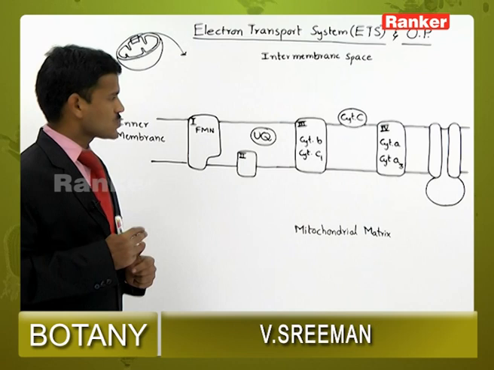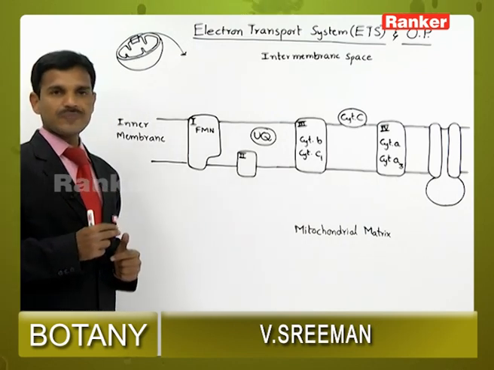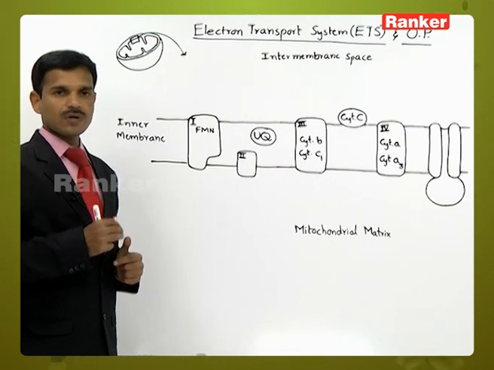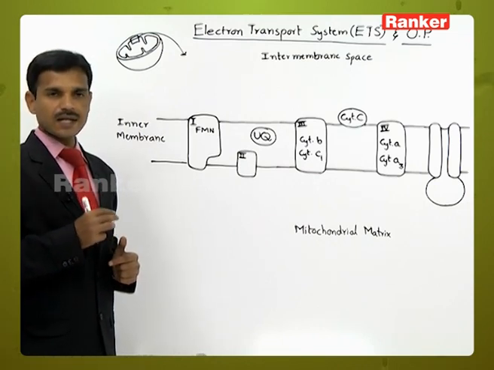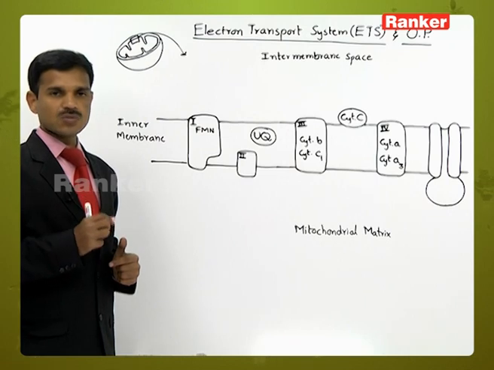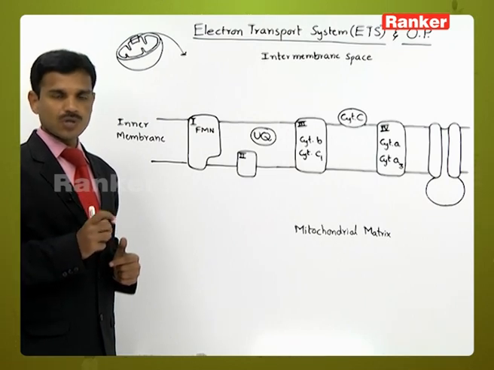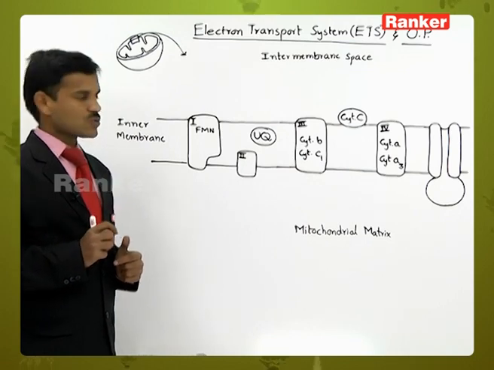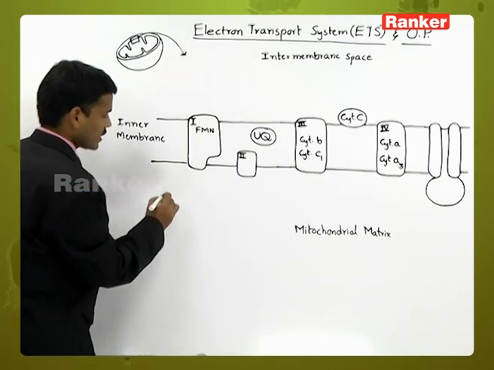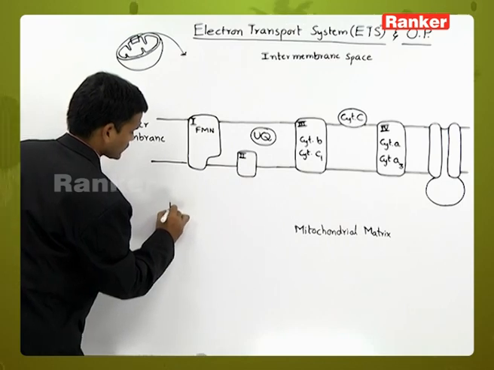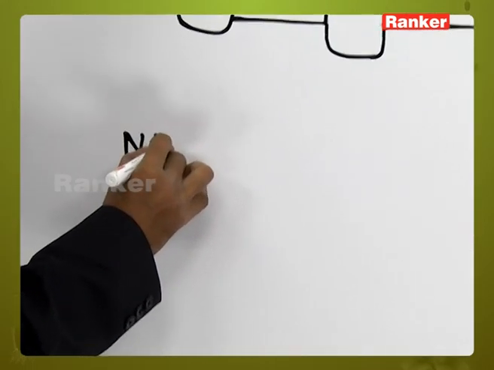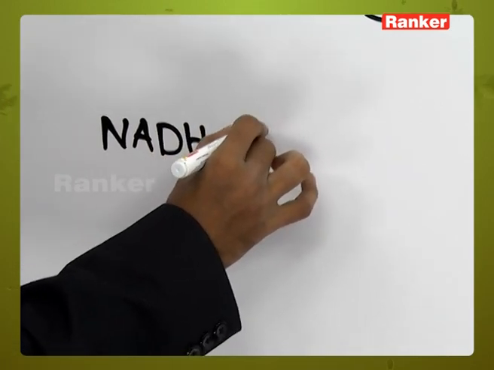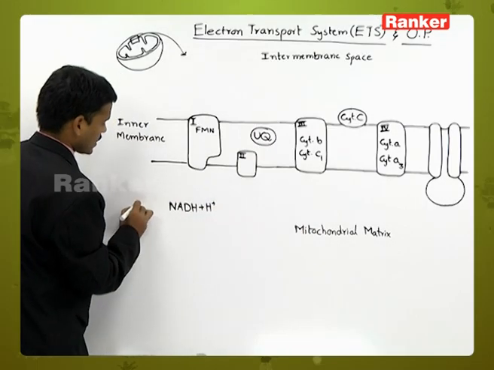These NADH2s are produced in the mitochondrial matrix, and the Krebs cycle also takes place in the mitochondrial matrix. So in the second and third steps, a total of 8 NADH2s are produced. This is the mitochondrial NADH2.